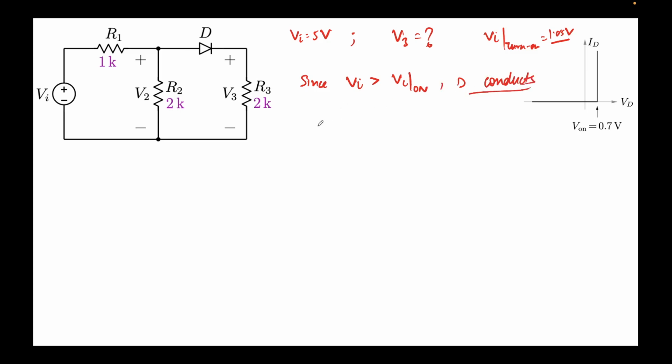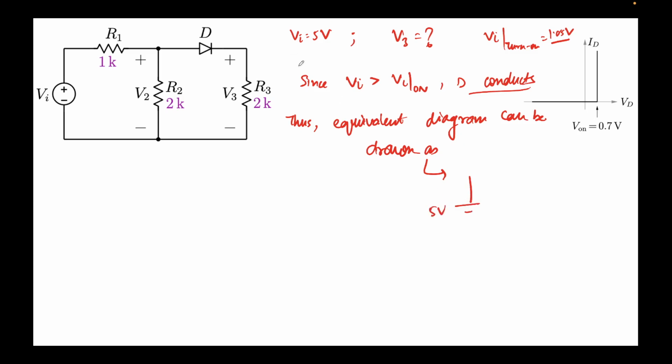Now since D is conducting, the equivalent diagram can be drawn like this. This is 5 volts because we are given Vi equal to 5 volts.